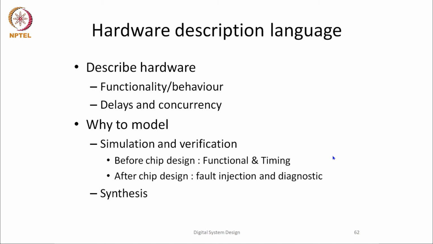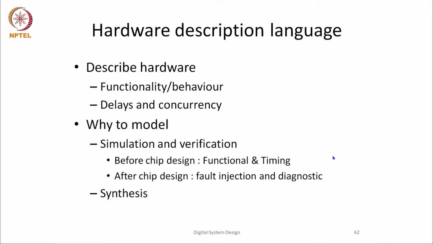Overall, we are writing in those languages to express our algorithms and our ideas, which would be executed later on hardware, on a processor or an operating system in your computer systems. Now, in a similar way, instead of writing algorithms, I want to describe my hardware.